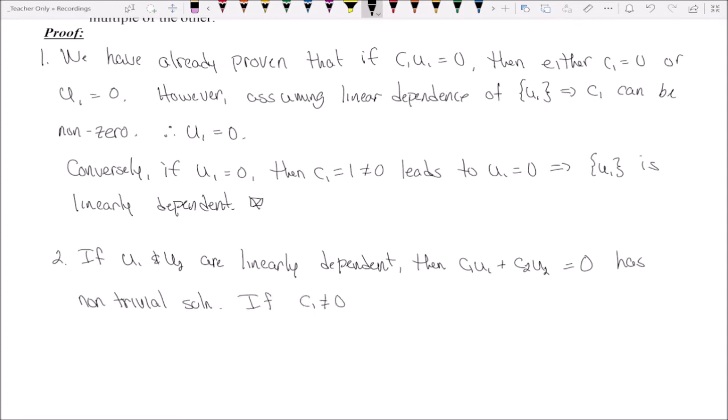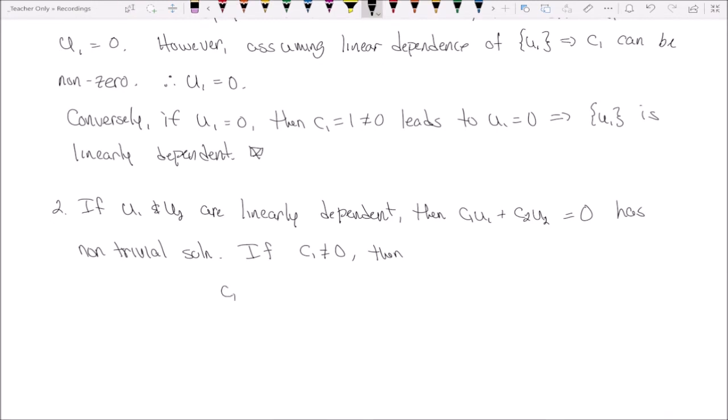If C1 does not equal 0, then C1 U1 plus C2 U2 plus negative C2 U2 is equal to 0 plus negative C2 U2.